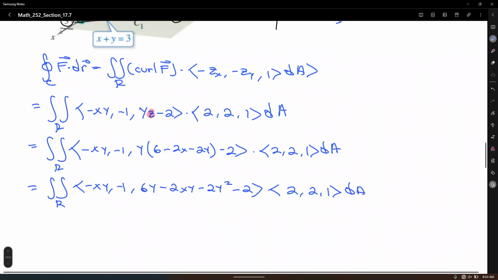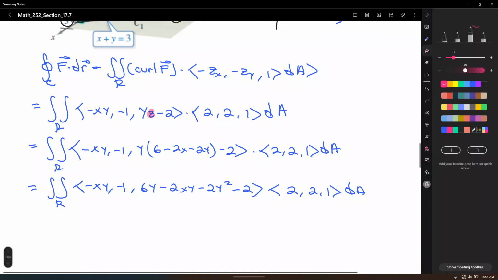Let me use different colors to show the dot product, because we have a lot of quantities here. Negative xy times 2, that's the first component, x components with x components. Negative 1 times 2. And lastly, with a different color, all this madness here times 1.